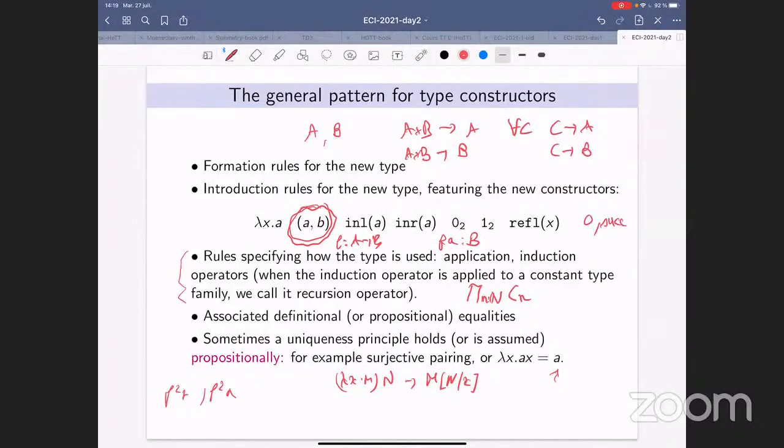Suppose that I have a function from C to A and a function from C to B, then the universal property says that from all these data, you can derive a function from C to A times B, satisfying a universal property. But this function is essentially the pairing. You pair the two functions.